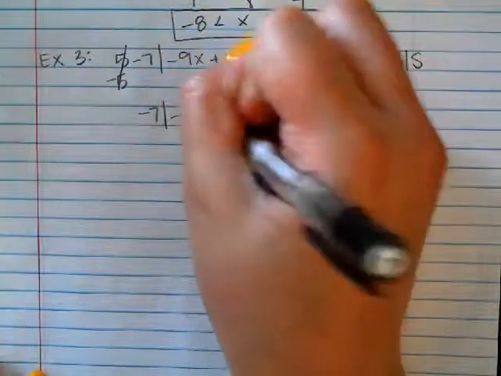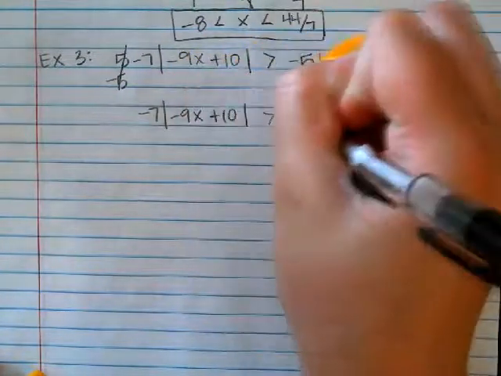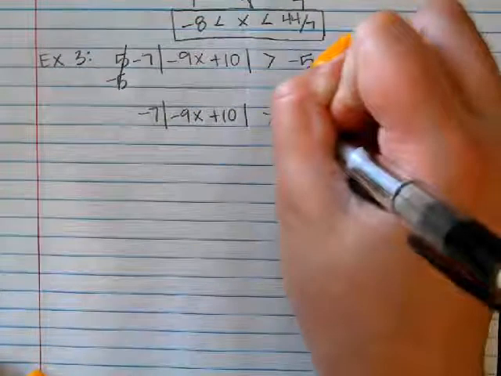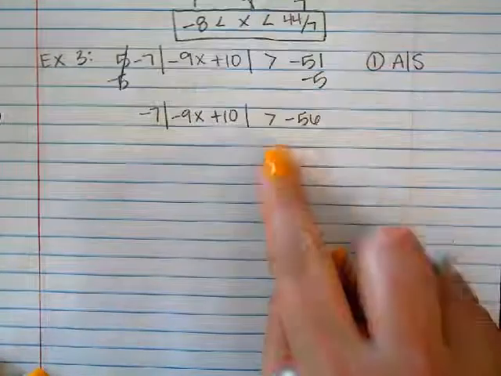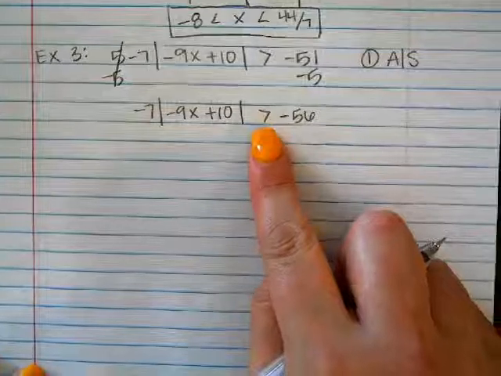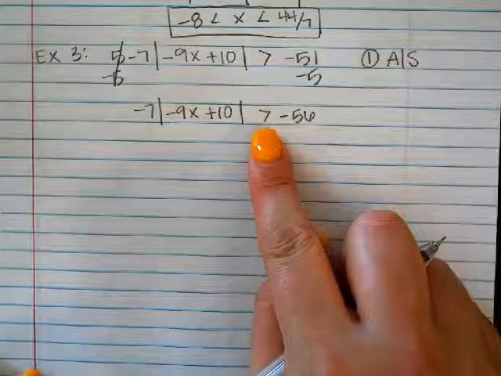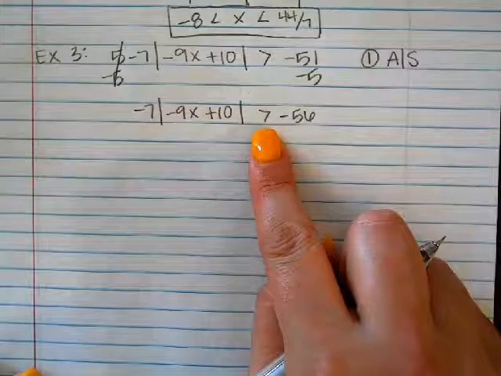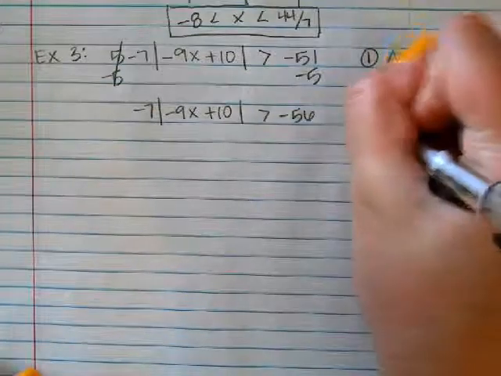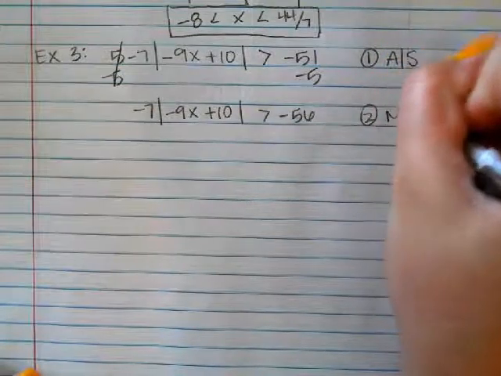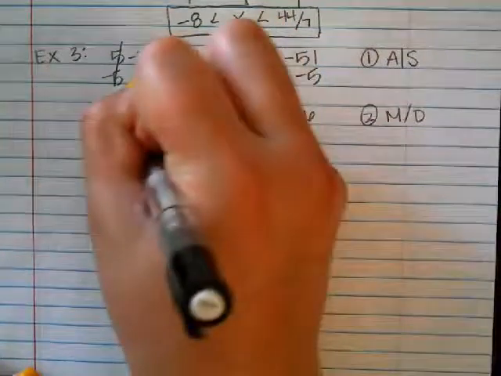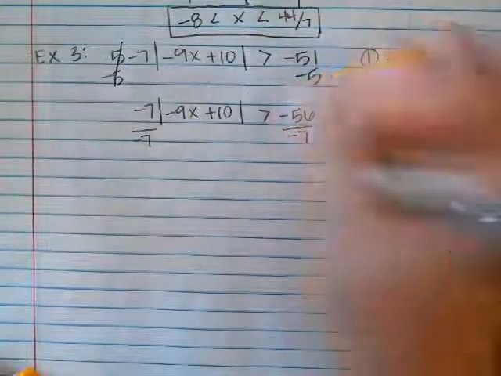So now it's negative 56. Now what should we do? Divide by the negative 7. So the next step is to multiply or divide something to the other side. We're going to divide by the negative 7. And we got to flip the sign.